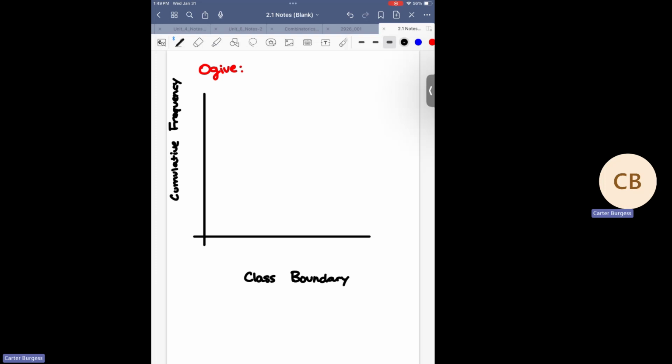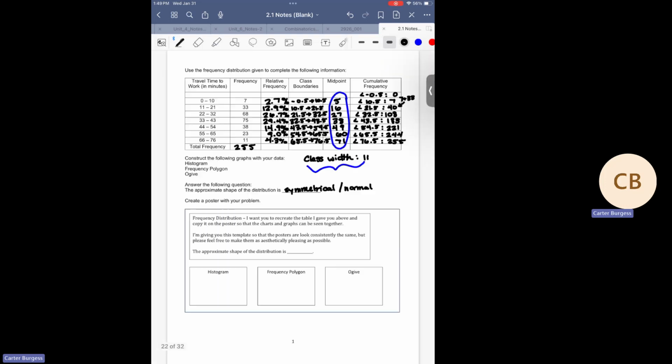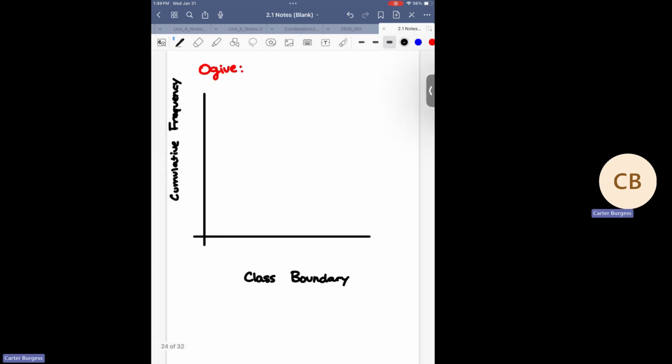So we saw before that our cumulative frequency started at 0, ended at 255. So just to make that actually fit here, I went up by 30: 30, 60, 90, 120, 150, 180, 210, 240, 270. I could probably do more refined now that I've given myself a little bit of space, but we'll just do this.